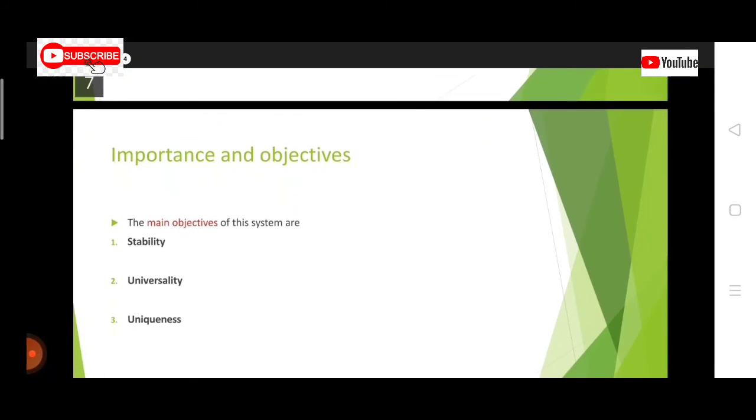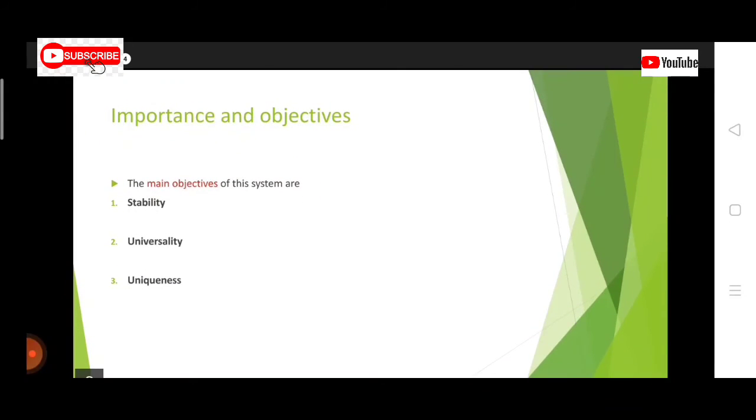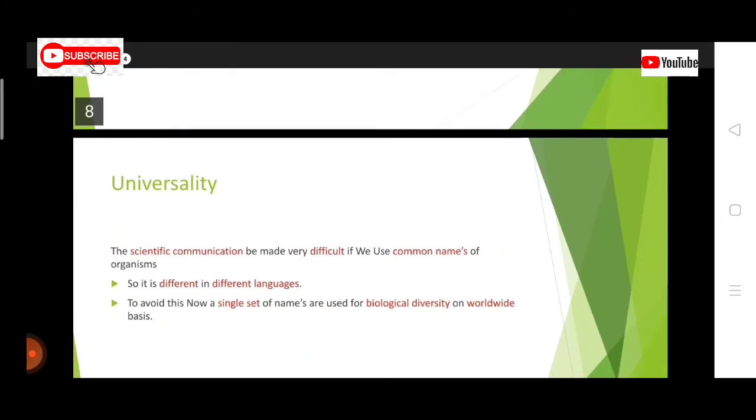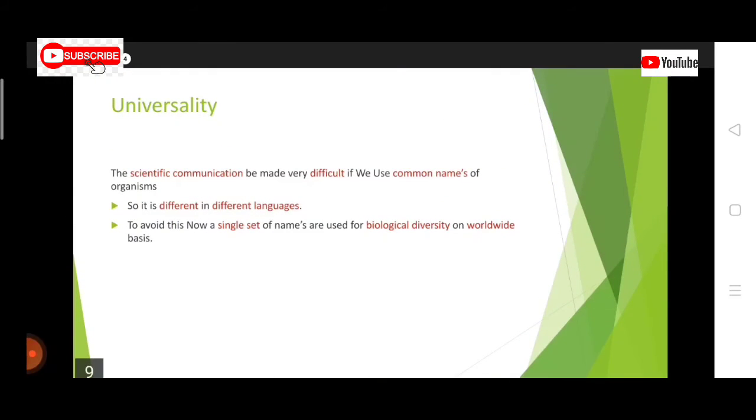These names which are used for an organism have some importance, significance, and some main objectives. What are these? The main objectives of this system are stability, universality, and uniqueness. The first is universality. What does universality mean?